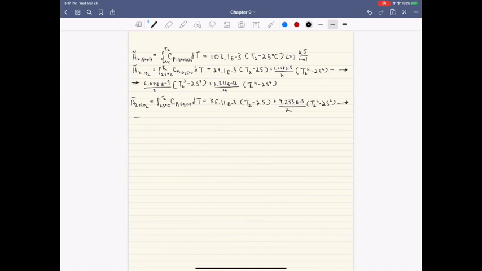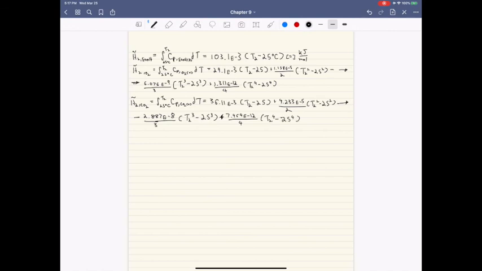You're also subtracting 2.887 e to the negative 8 divided by 3, T2 cubed minus 25 cubed. And then you have your T to the fourth term, the 7.464 e to the negative 12 divided by 4 times T2 to the fourth minus 25 to the fourth.